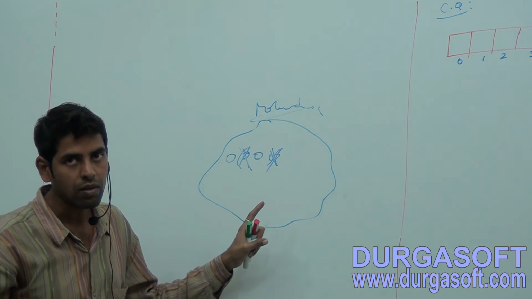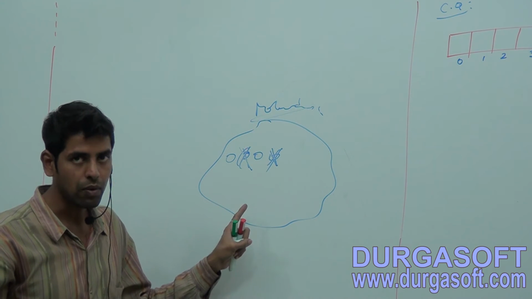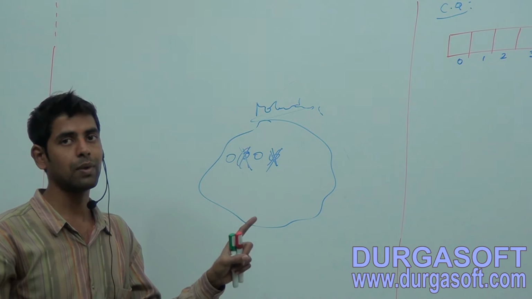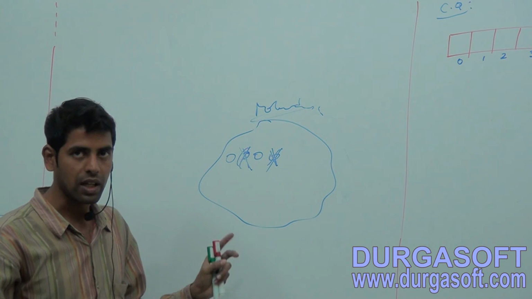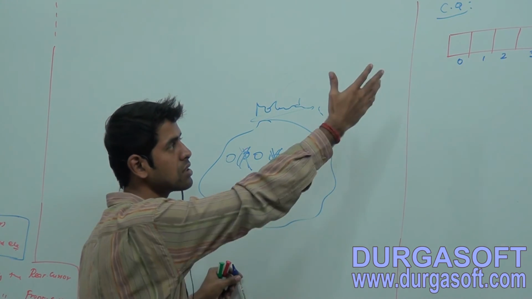Such rules have fewer advantages. To overcome such dummy data structures, we are going for the circular queue.